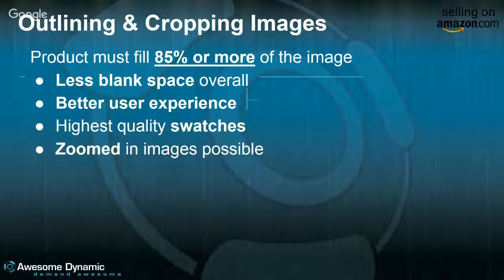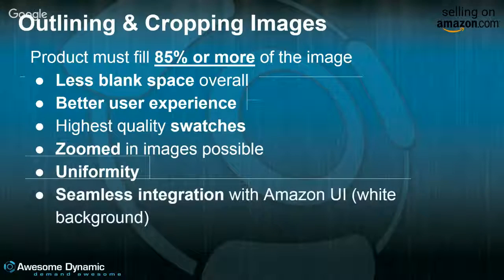It also allows zooming in on the images, especially if it's high enough quality and has the right number of pixels. More uniformity across Amazon. And, as I touched on before, it's seamless integration with Amazon's user interface with the white background.